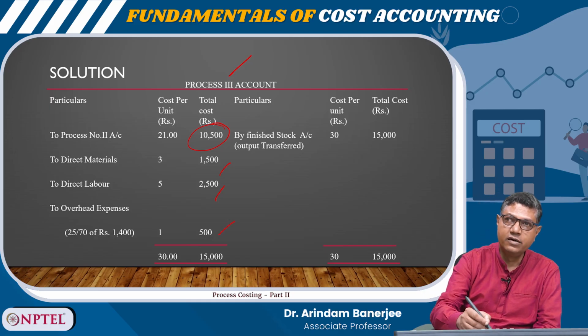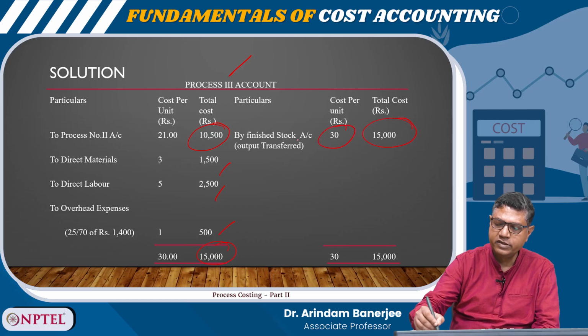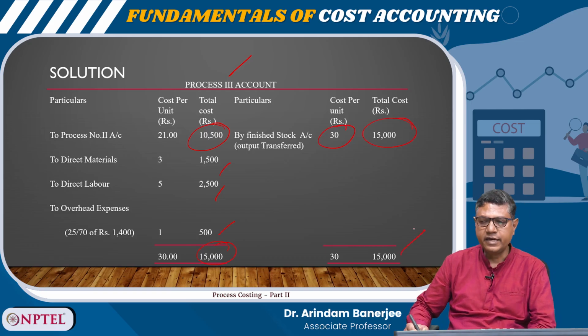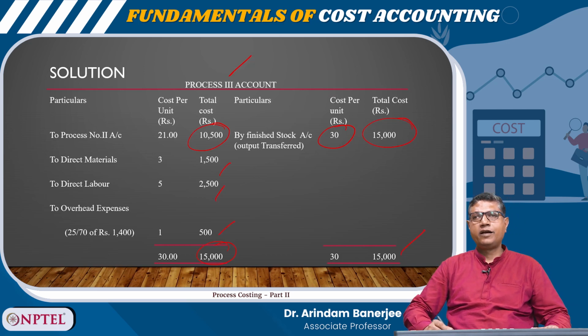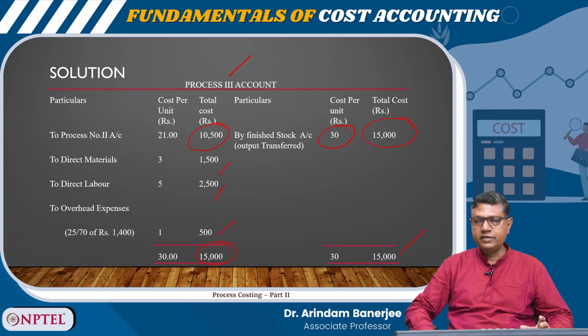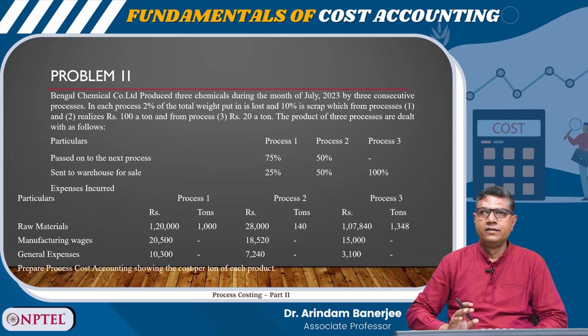If I make the total, it comes to 15,000, so the cost per unit is 30. Now, all 3 process accounts, process 1, process 2 and process 3, are complete. Okay, this is the first one.